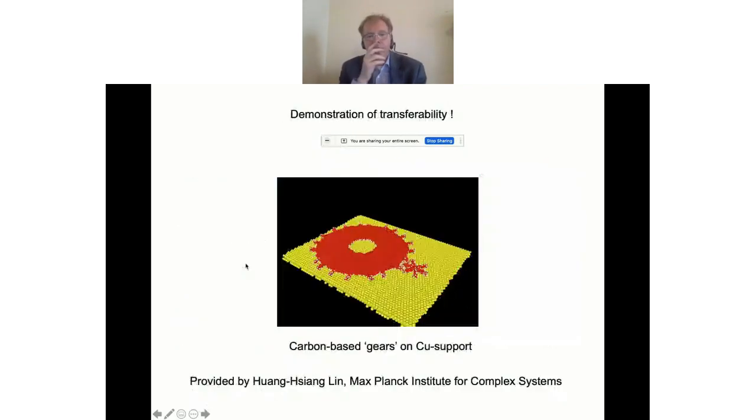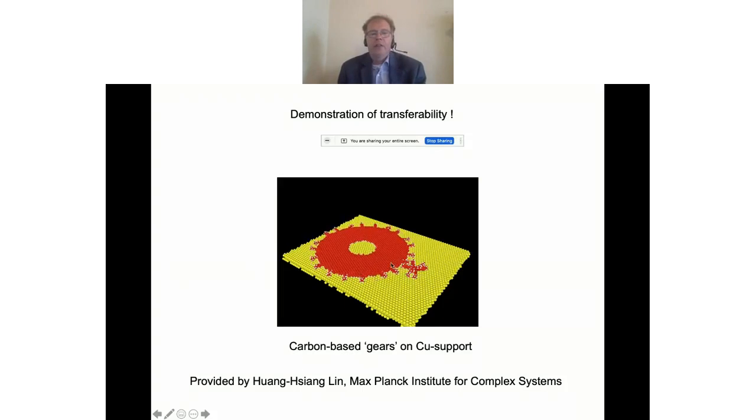What's kind of interesting is also transferability. So we presented this work, and we got emailed by Huang Jizang Lin from the Max Planck Institute. He said, well, I heard that you guys got a copper carbon oxygen force field. I do some work on carbon-based gears, and I look for a way to put a sort of graphitic carbon on a copper support.